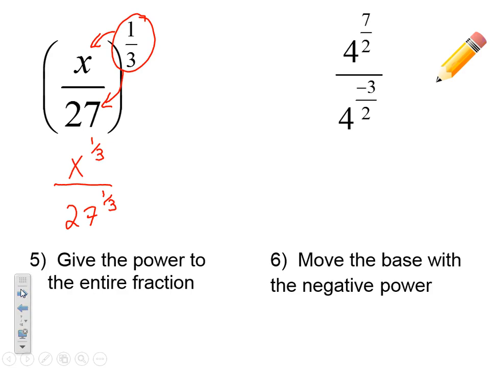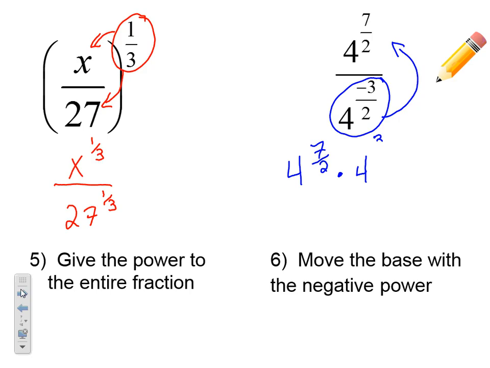So the one with the negative power right here is 4 to the -3/2. Since it's on the bottom, we need to move it to the top. Okay? So I'm going to now have 4 to the 7/2 times 4 to the +3/2 now that we've moved it.